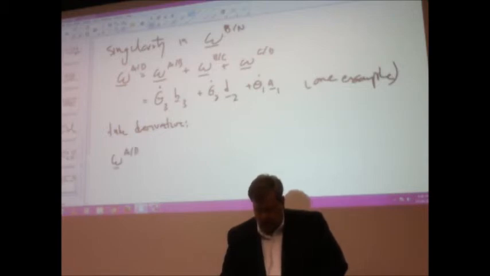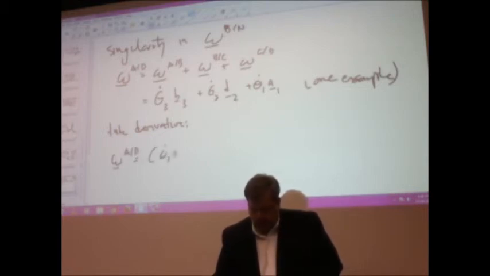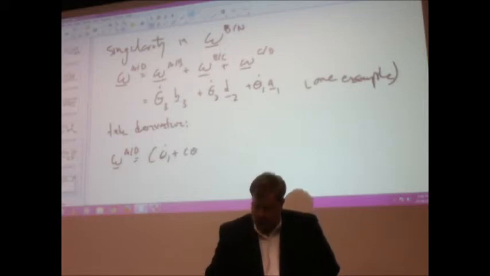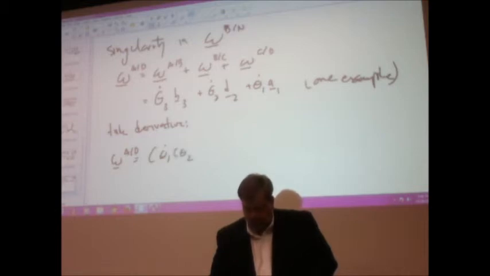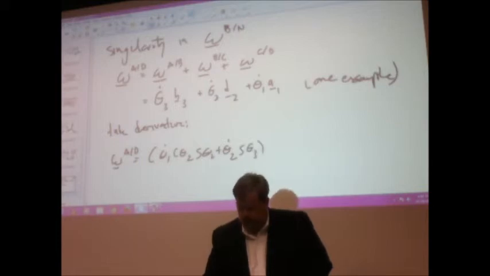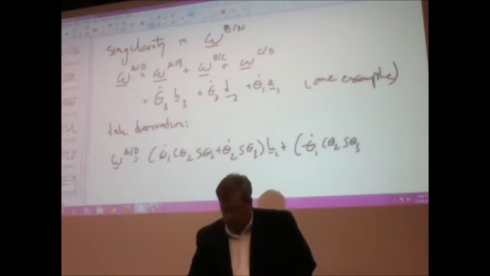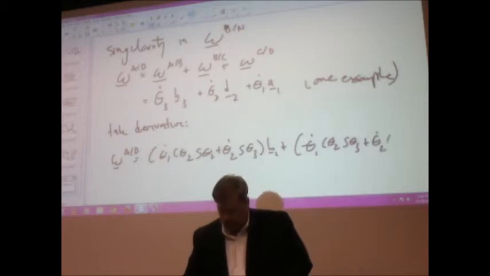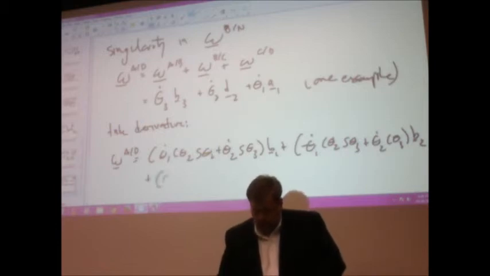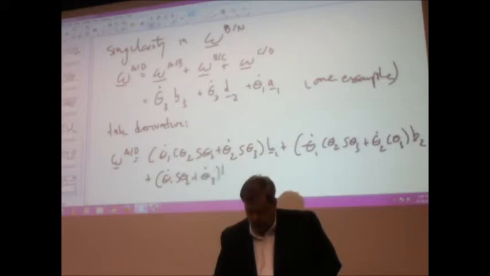Angular velocity of A relative to D is theta 1 dot plus cosine theta 2 sine theta 2 theta dot 2 times sine theta 3 in the B1 direction, plus negative theta dot 1 cosine theta 2 sine theta 3 plus theta dot 2 cosine theta 3 along the B2 direction, plus theta dot 1 sine theta 2 plus theta dot 3 in the B3 direction.